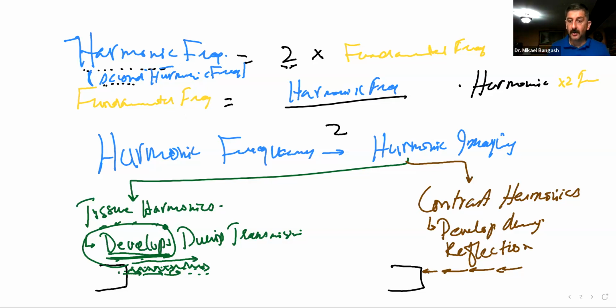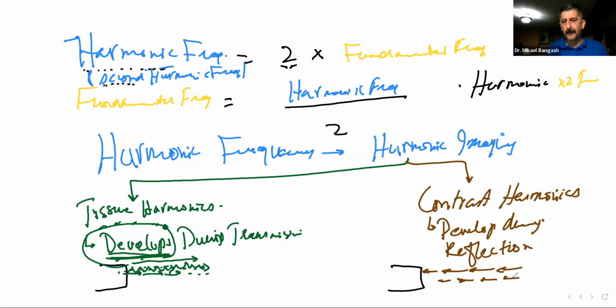The other one is what we call contrast harmonics, and contrast harmonics develop during reflection. What is reflection? It's the phase during which sound waves return back to the transducer. From where?